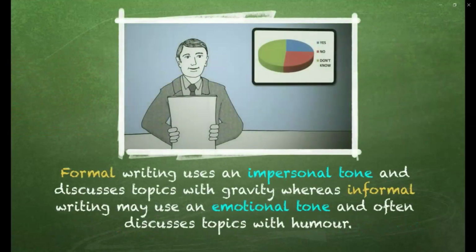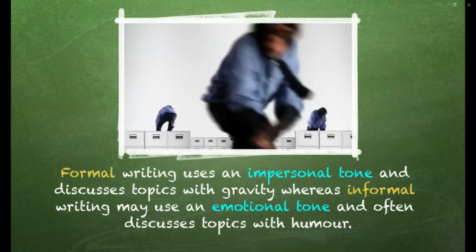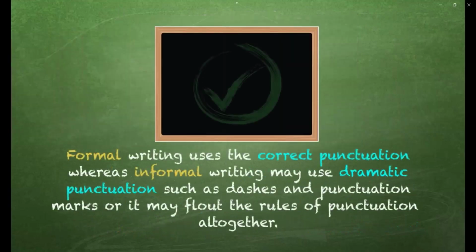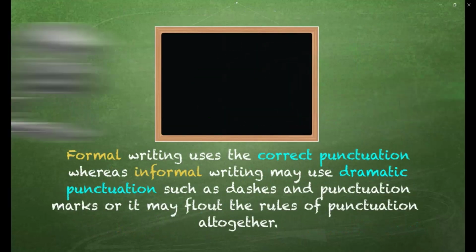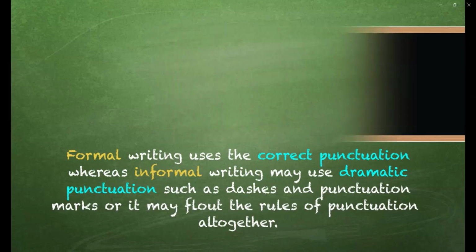Formal writing uses an impersonal tone and discusses topics with gravity, whereas informal writing may use an emotional tone and often discusses topics with humour. Formal writing uses the correct punctuation, whereas informal writing may use dramatic punctuation, such as dashes and exclamation marks, or it may flout the rules of punctuation altogether.